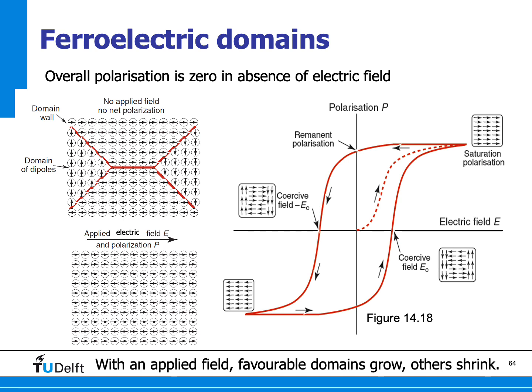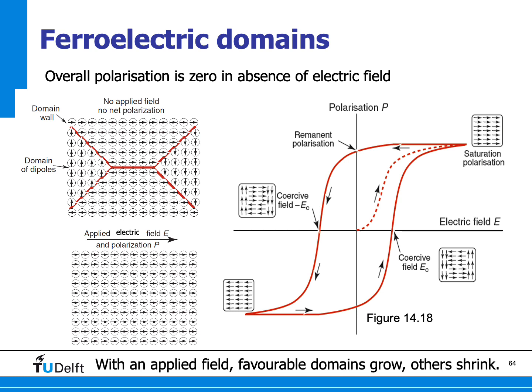So what you get is ferroelectric domains. They're like magnetic domains. In such a domain the polarization is all in the same direction, and this microscopic structure is what you would see when there is no applied electric field.